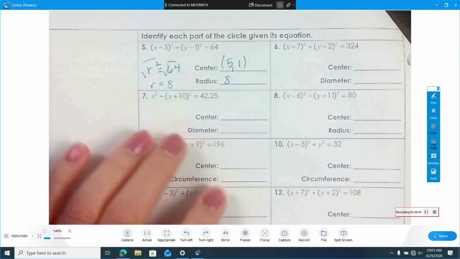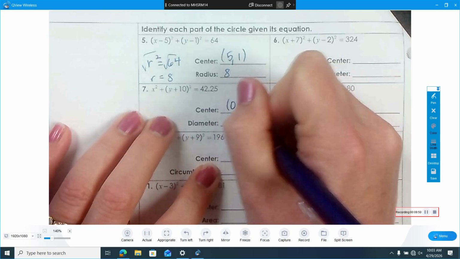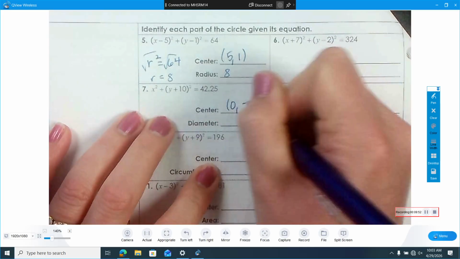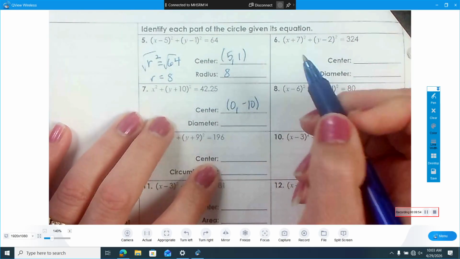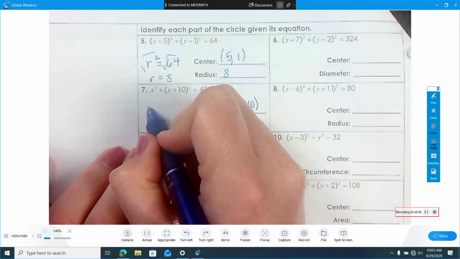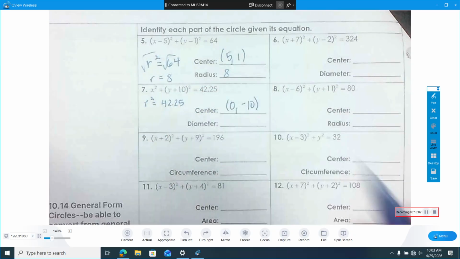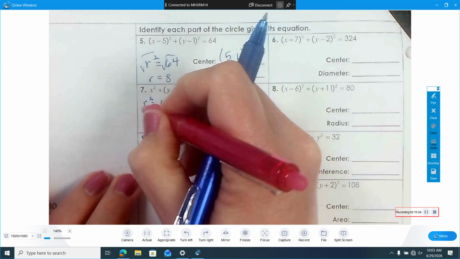Number 7, what's the center? 0, 0, negative 10. Hey, they're asking for a diameter. I don't know that, but what's the radius? 6.5. How'd you get that?